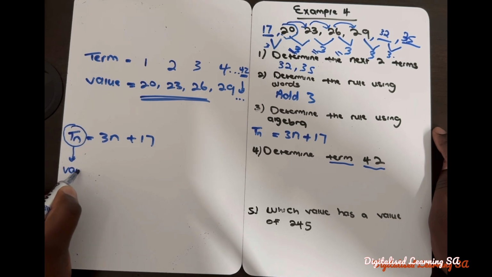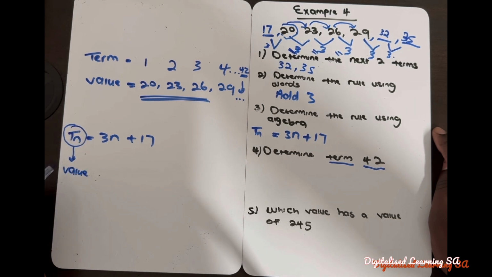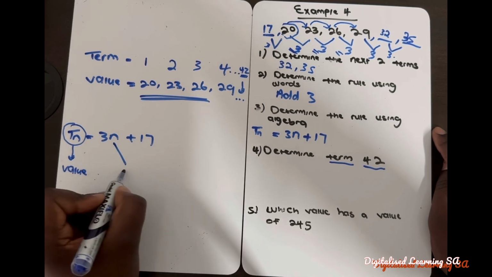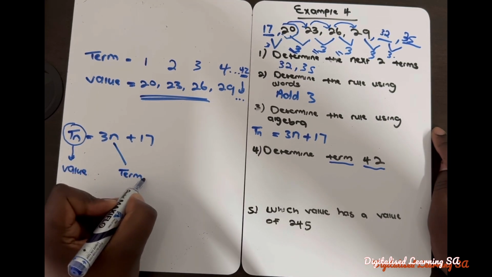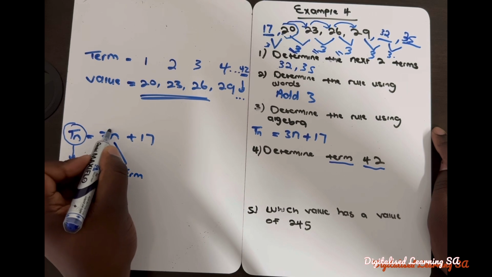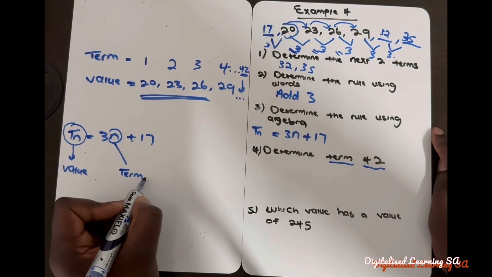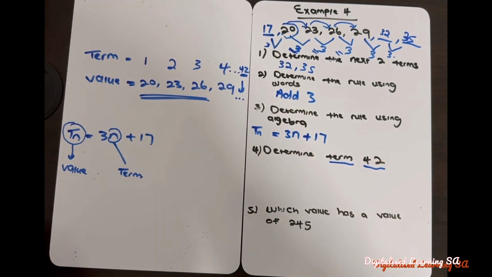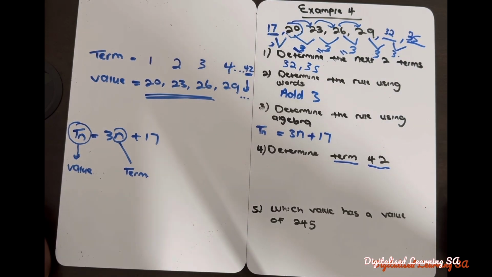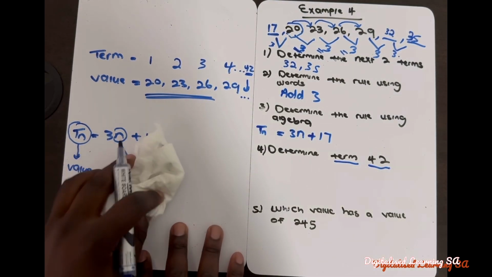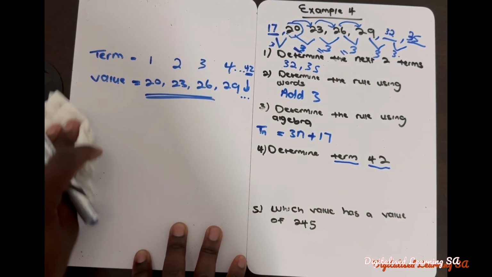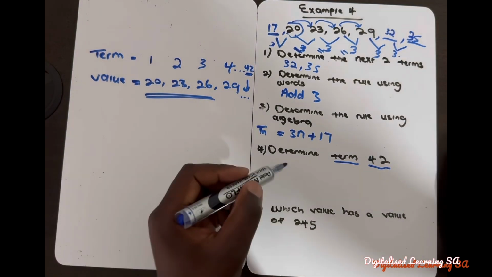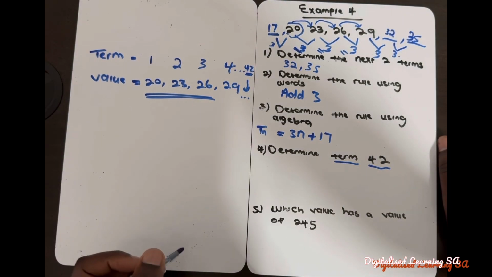And if you are looking for a term, you need to replace the term here. I hope that makes sense. So in this case, we need to determine term 42.